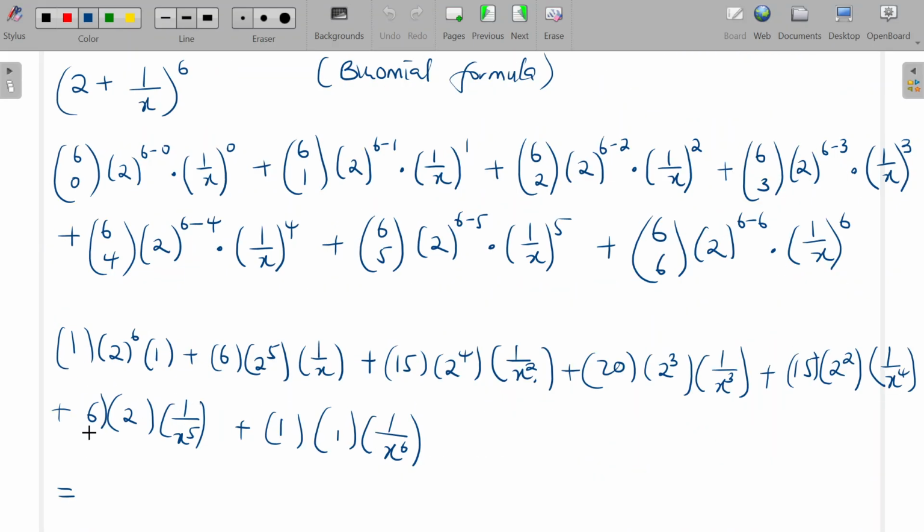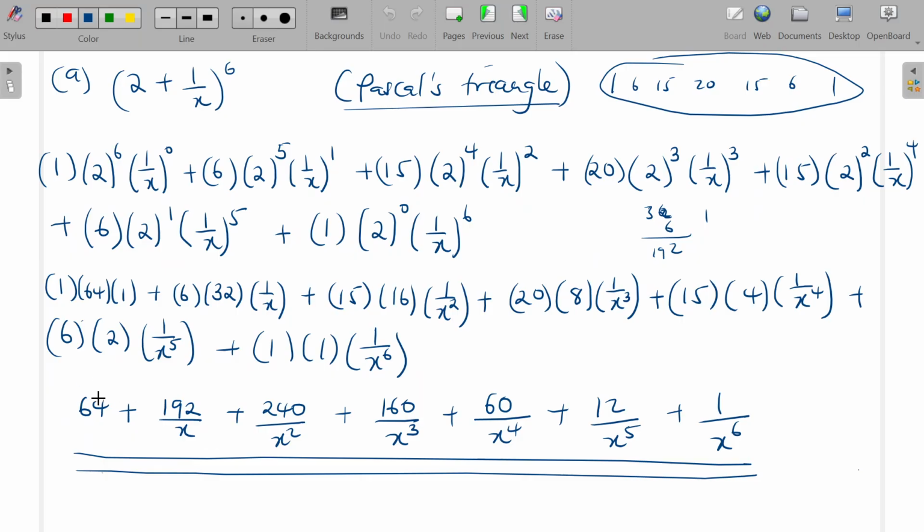Are we able to see that? Yes. So that's what we have. So meaning that we're going to say 64 plus 192 over x.